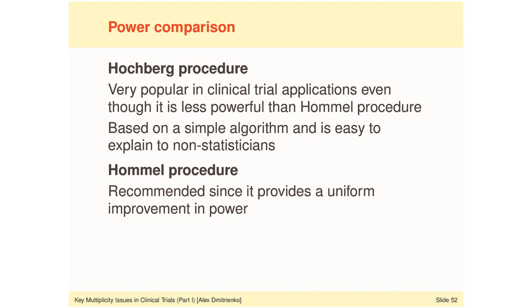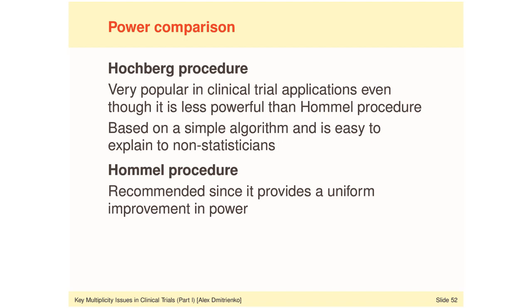However, as I showed, the testing algorithm used in the Hommel procedure is only marginally more complex, and this procedure is recommended for clinical trials with multiple objectives, because it provides a uniform power improvement compared to the Hochberg procedure.